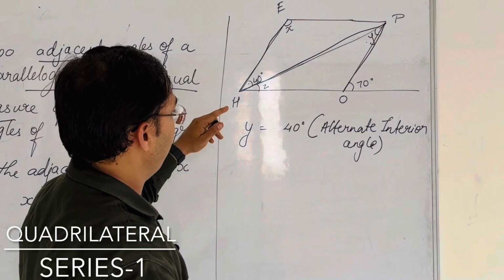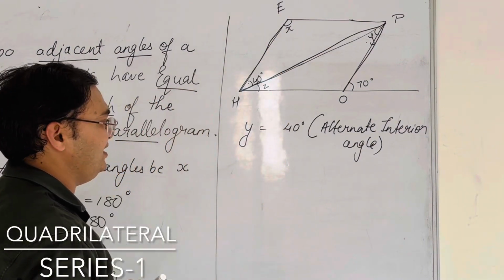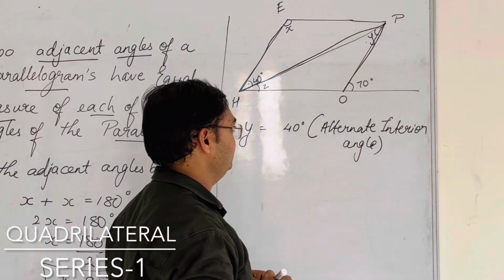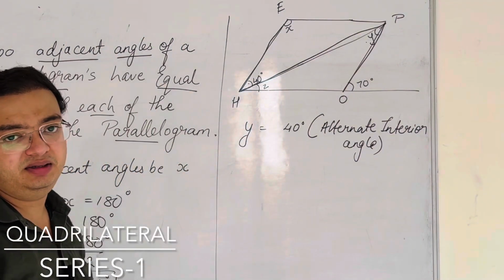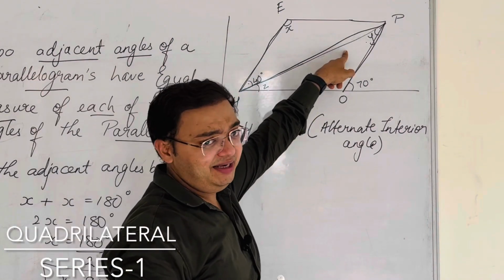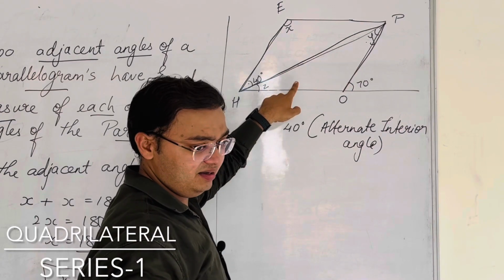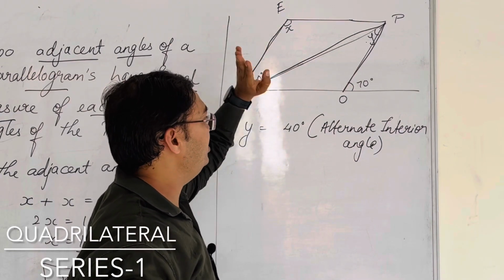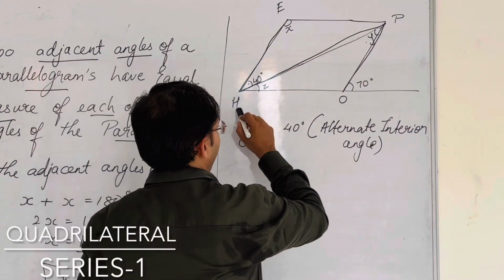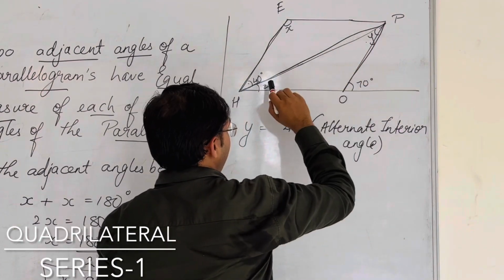Now, how can I find x and z? See, I know y, I don't know z. If I want to find z, can I use the triangle property? Here you can see that HOP is a triangle where I know y and need to find z.